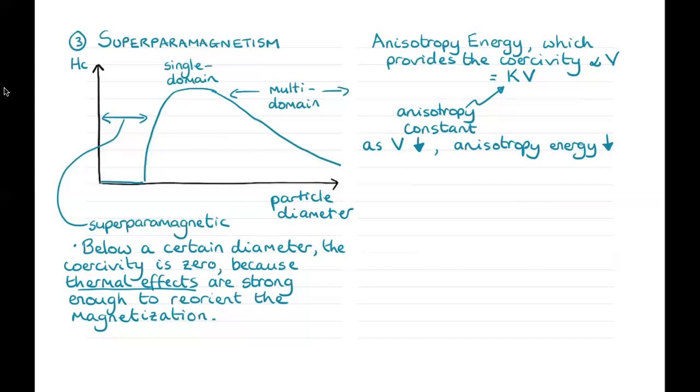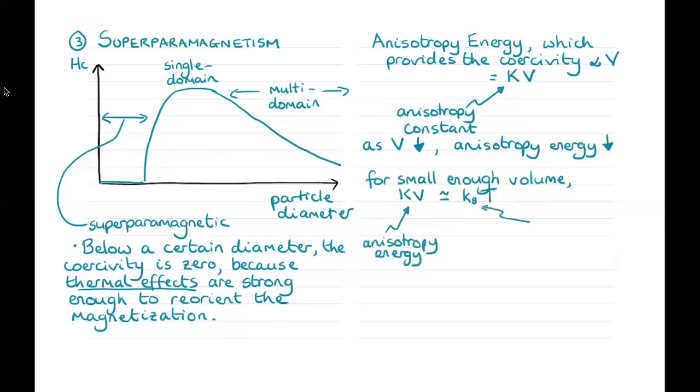And eventually, with small enough volume of the particle, this anisotropy energy will become more or less equal to the thermal energy. This is now little k, the Boltzmann constant, times T. So the anisotropy energy is approximately equal to the thermal energy.